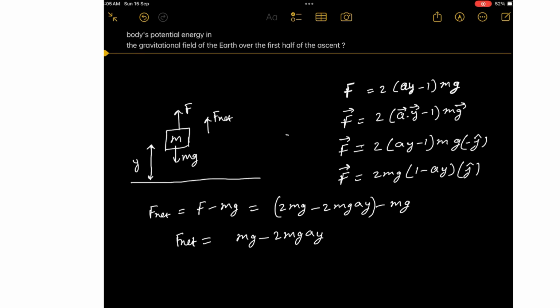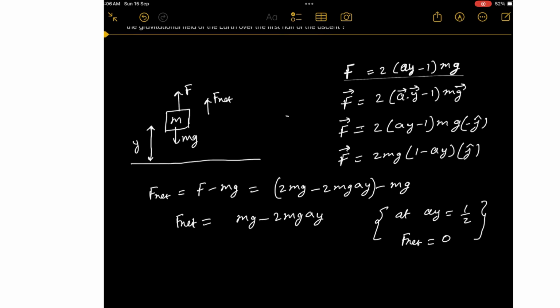When ay becomes 1 by 2, net force on this body will be 0. So here's additional information: at ay equal to 1 by 2, F net will be 0. We can also ask one additional question here: at what height does this net force become 0?